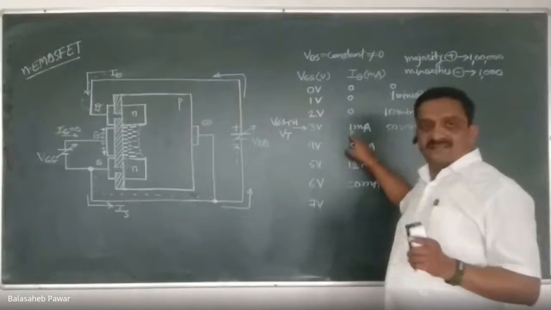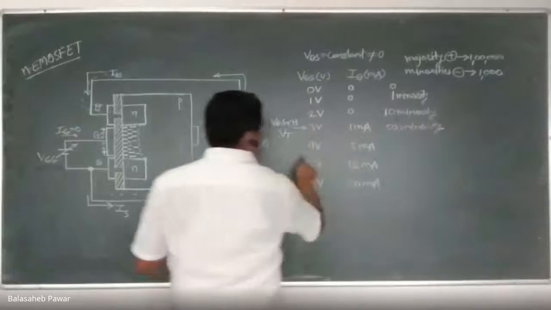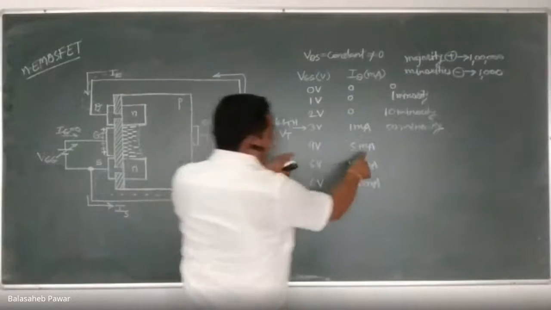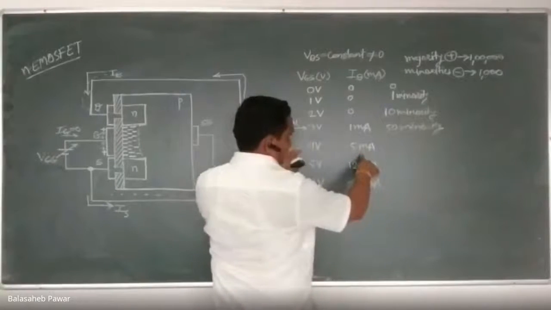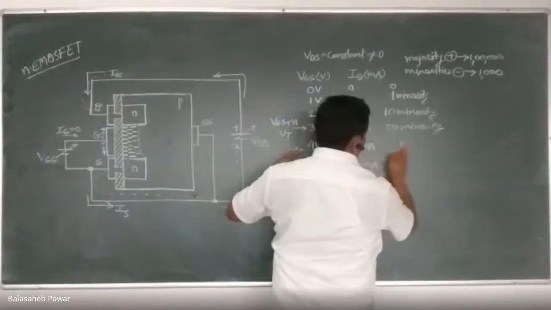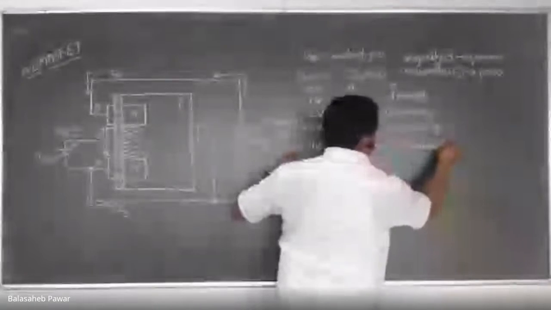Is it okay? Now, I am increasing VGS to 4 volt from 3 to 4. Minorities will get increased, suppose 150 minorities. What is happening?